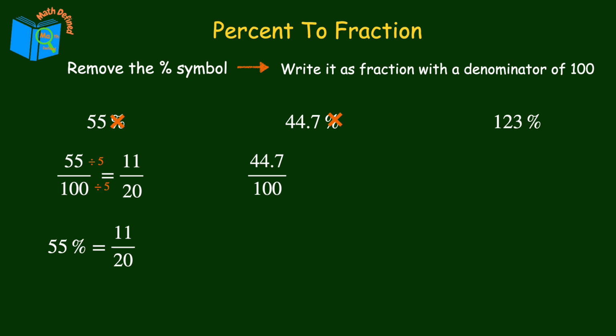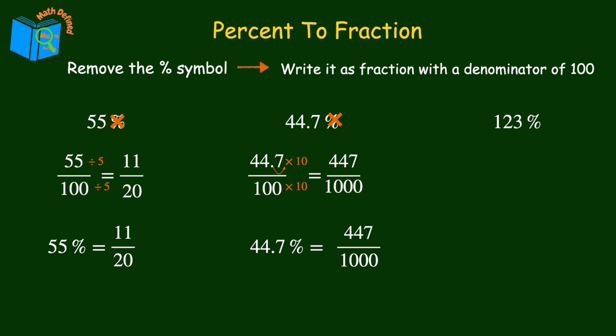We can't leave a decimal point in any part of a fraction, so we'll need to get rid of it by multiplying the numerator and the denominator by 10. 44.7 times 10 is 447, and 100 times 10 is 1,000. So 44.7% written as a fraction is 447 over 1,000.